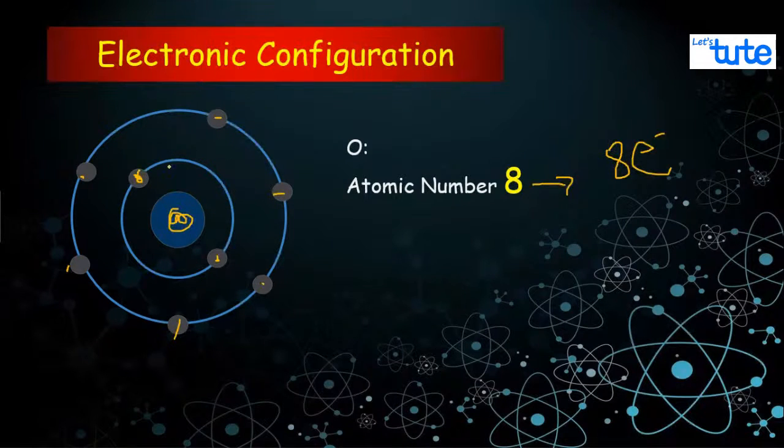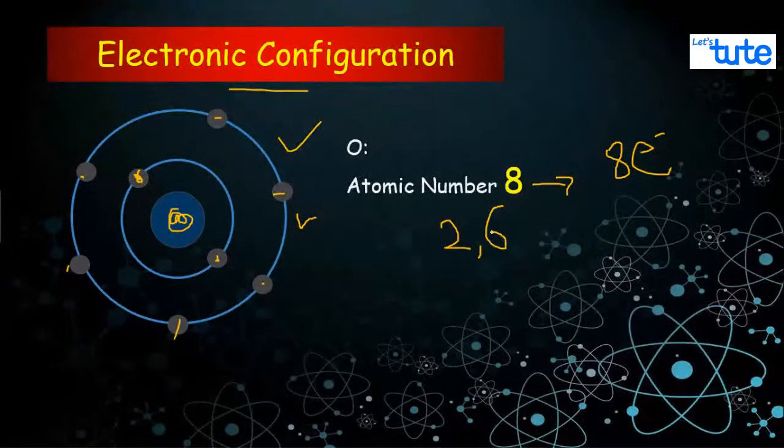So this drawing is a diagrammatical representation of electronic configuration. But if your teacher tells you to write down the electronic configuration of oxygen, you are supposed to write it in this way. The first orbit will have 2 electrons, the second orbit will have 6 electrons.